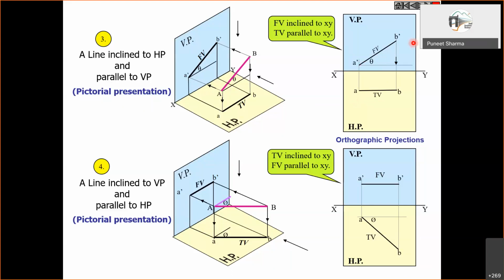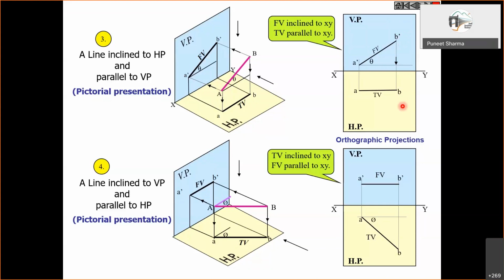This we are able to obtain because the line is parallel to the vertical plane. So the front view will give us the true length and true inclination. So we can readily draw this, and thereafter we also know that for this case, this AB will be parallel to the XY line. This top view will be parallel to the XY line. Then we can simply from B dash draw this line and locate B. So this is how front view and top view are obtained.